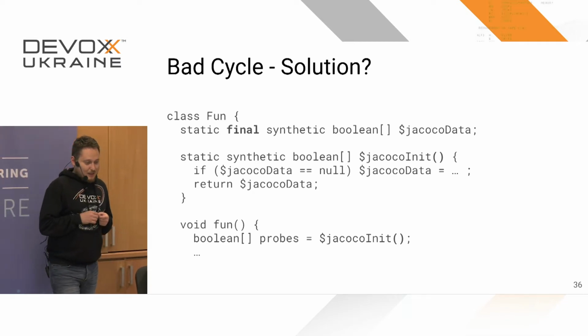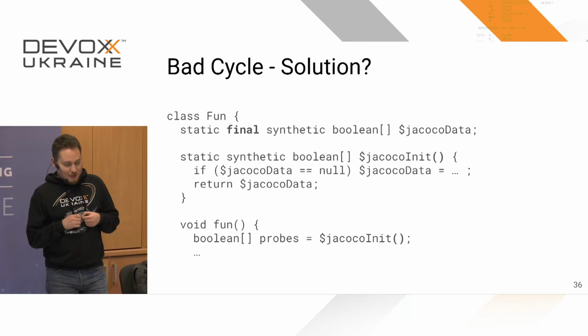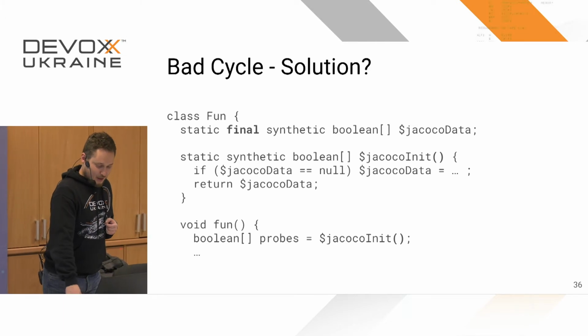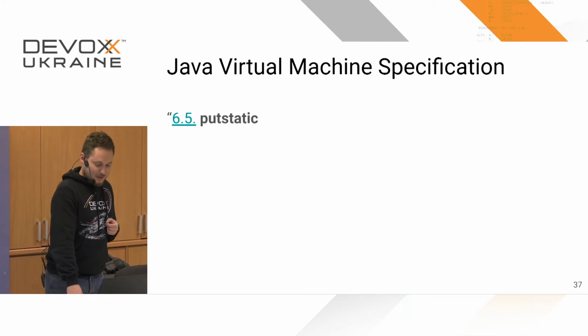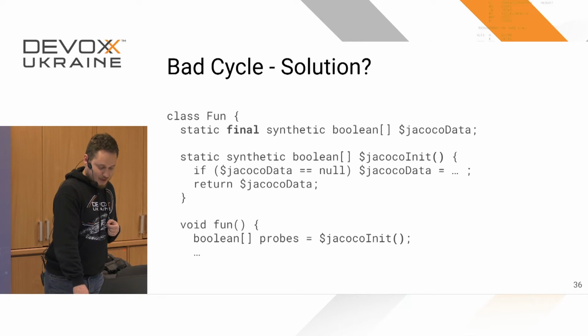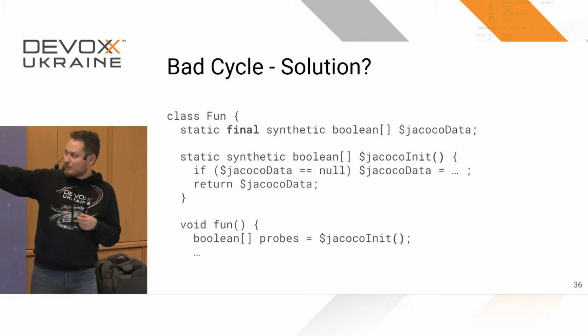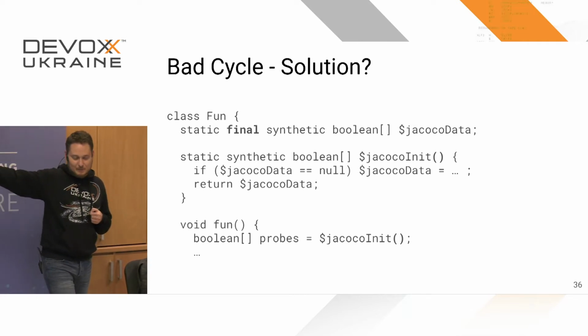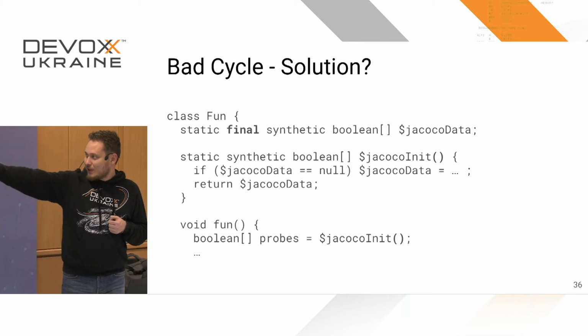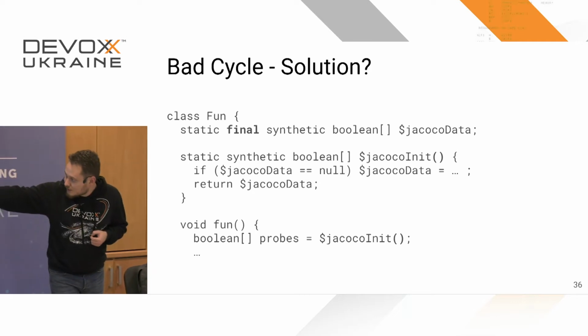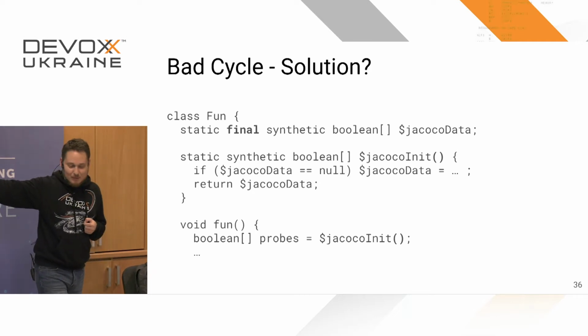One might ask a question whether it is really a solution or not, because actually Java virtual machine specification says that you can use putstatic instruction to put something into a static final field. We have this static final field, and we write into it at some moment in time.